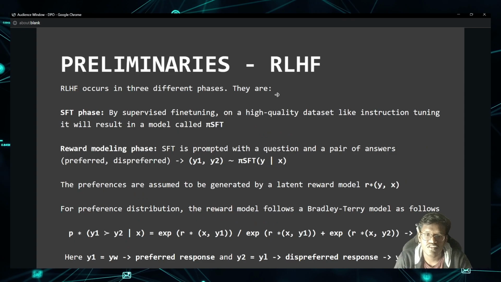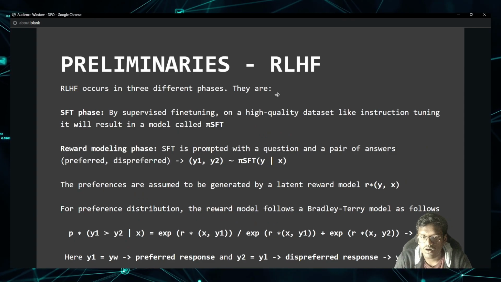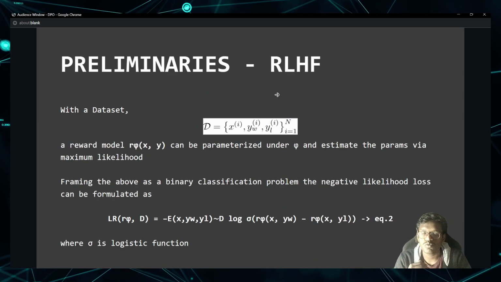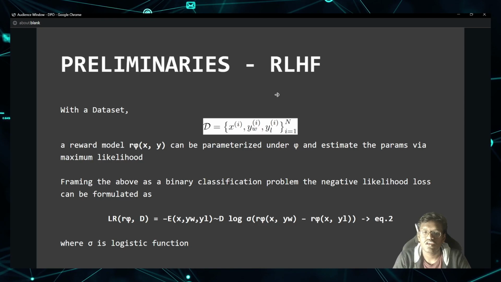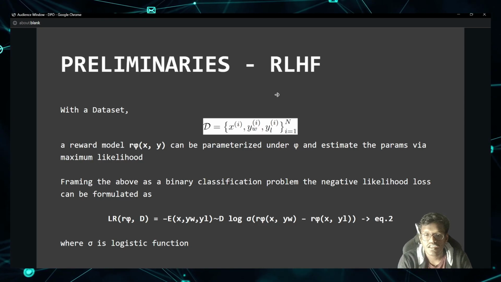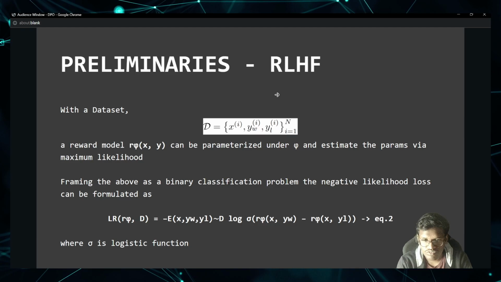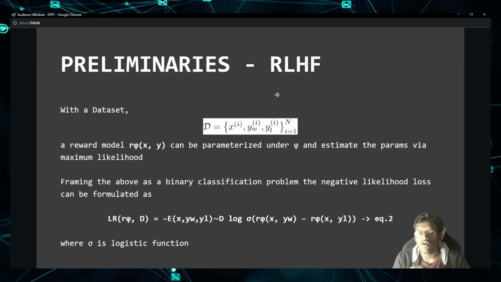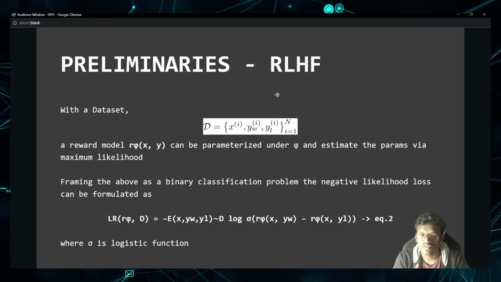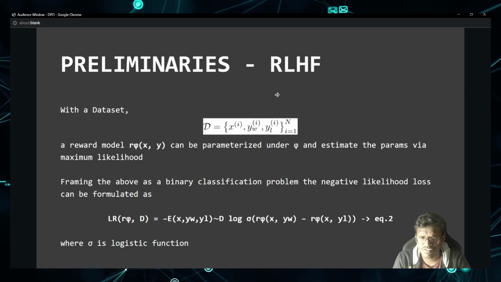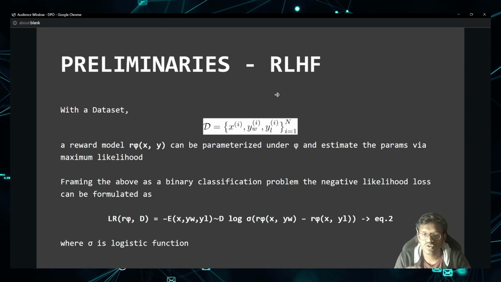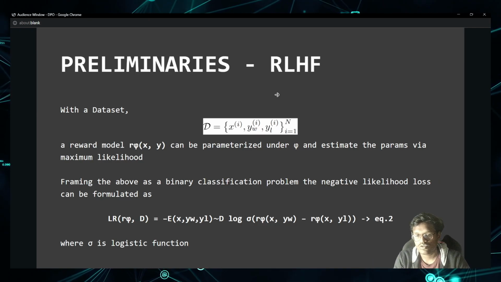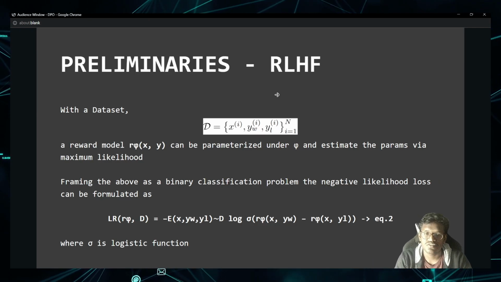Even previously, we are always having our preferred first and dispreferred second, because we need to prioritize the preferred first. That's why we are calculating r phi (x, yw) first, the reward of x for completing a response similar to the preferred one, subtracted with the response similar to the dispreferred.